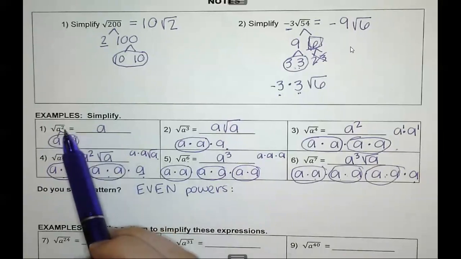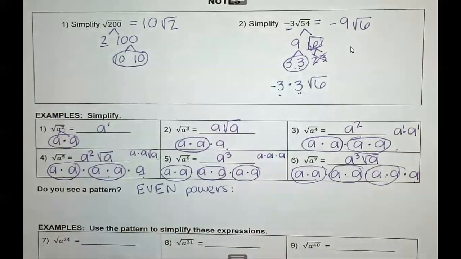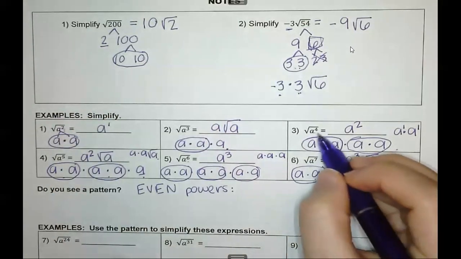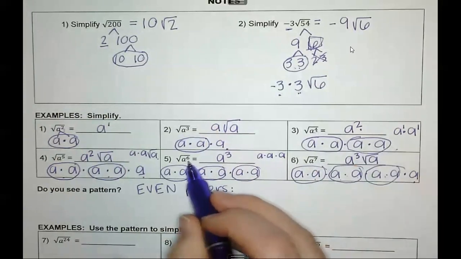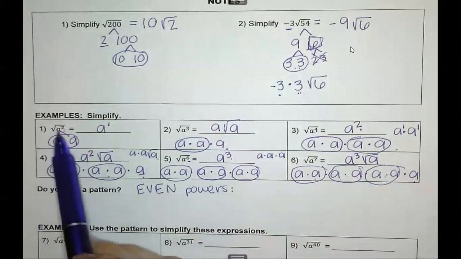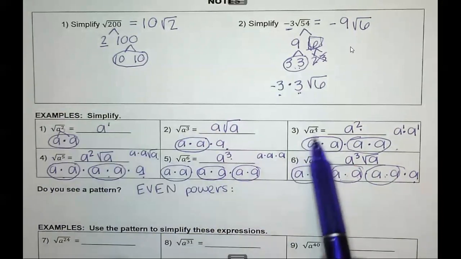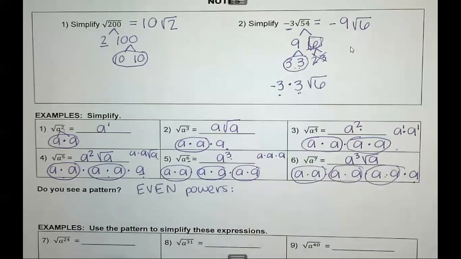This was 2, it became an understood 1. This was 4, and it became 2. This was 6, and it became 3. So what we might notice is that the exponent was halved or divided by 2. 2 divided by 2 is 1. 4 divided by 2 is 2. 6 divided by 2 is 3.